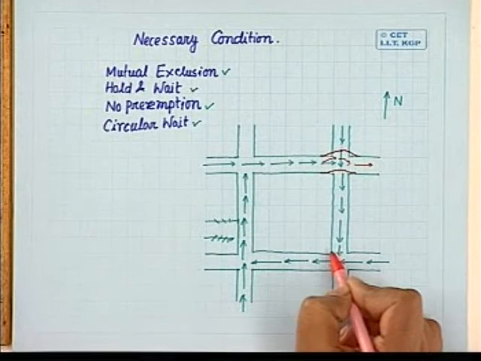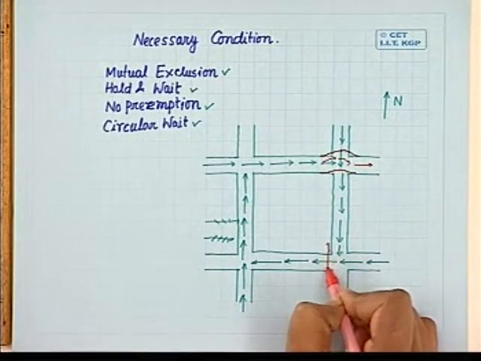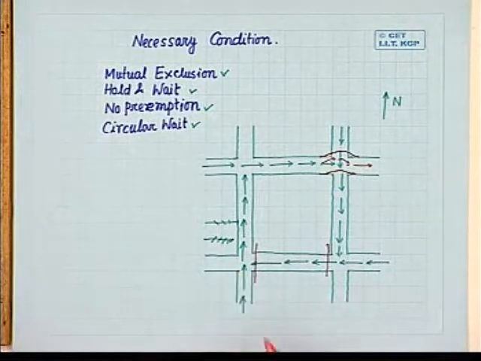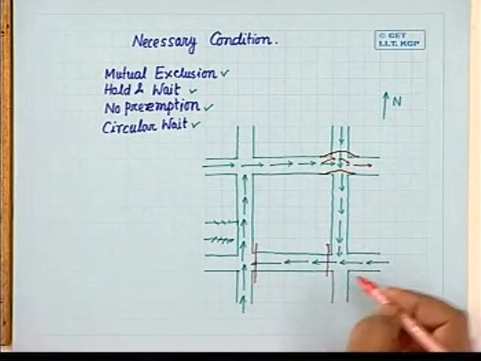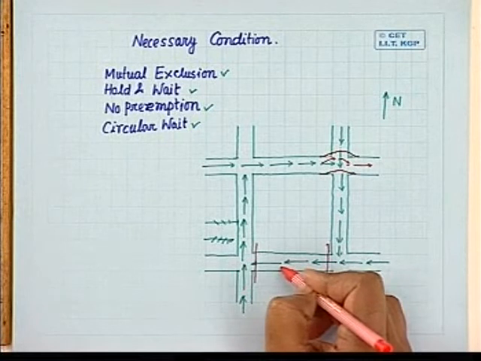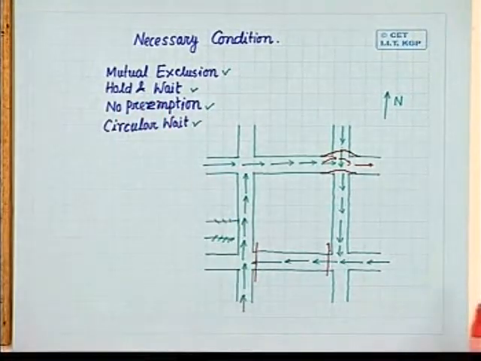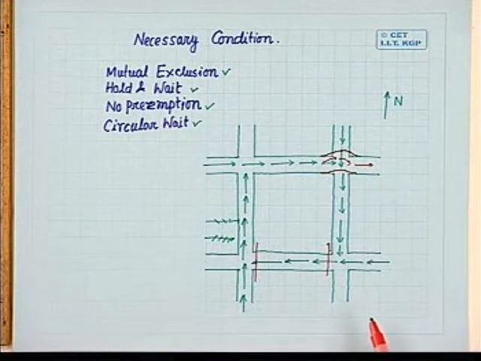That means before entering this part of the road, it will check whether this junction is free or not. If this junction is free, then only the car can enter this road. And if I impose that condition, in that case, this hold and wait will be broken. And I will never have a deadlock.